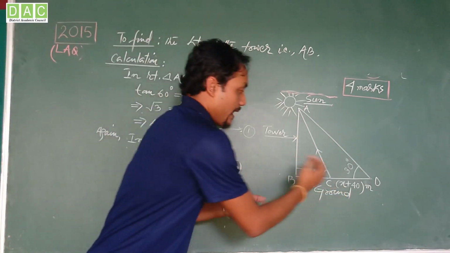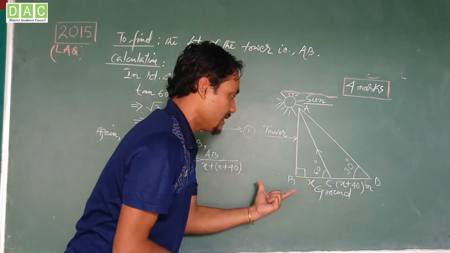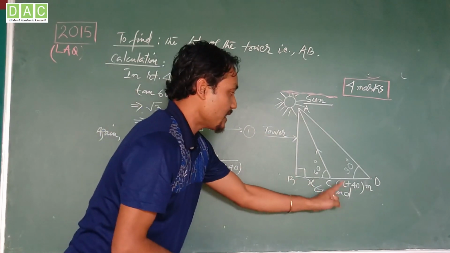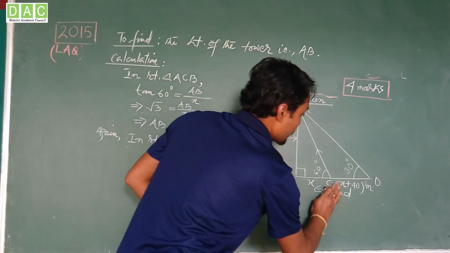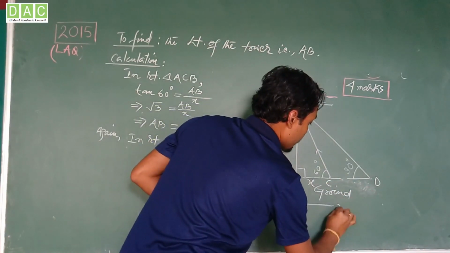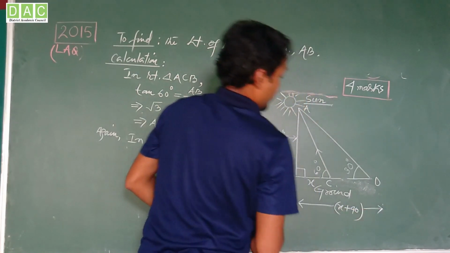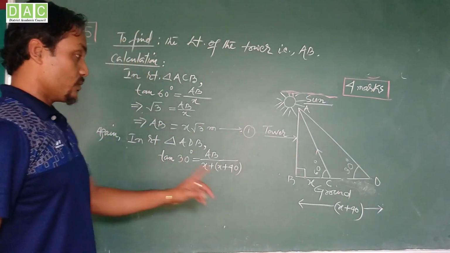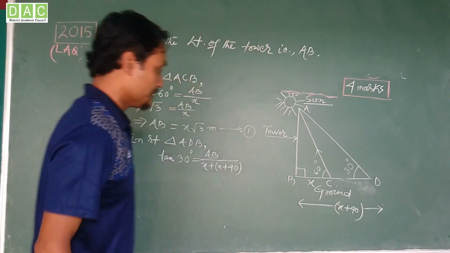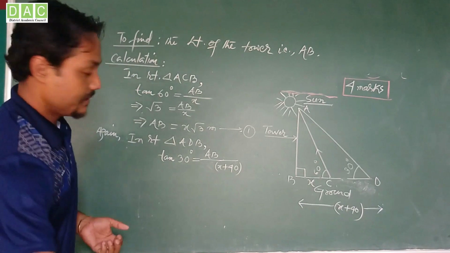That means when this angle of elevation is 30 degree, the length of the shadow is 40 meter longer than BC. That means x plus 40 we can mark like this. So I think this is correct. So here we write x plus 40.